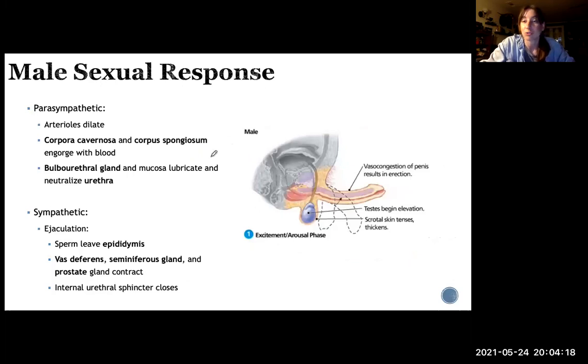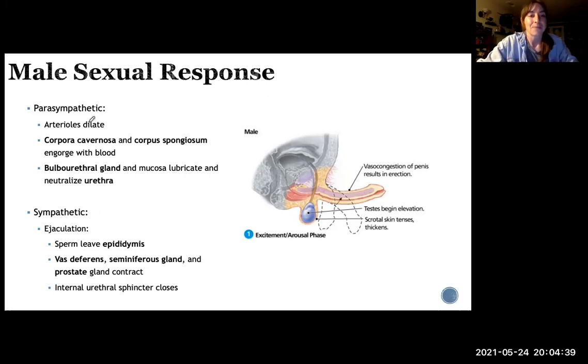The male sexual response is literally a parasympathetic and sympathetic cooperation. So this is one of those rare cases where the parasympathetic and sympathetic nervous system aren't at odds. They aren't working against each other. Instead, they are working with each other, which is kind of rare in the human body, kind of amazing.